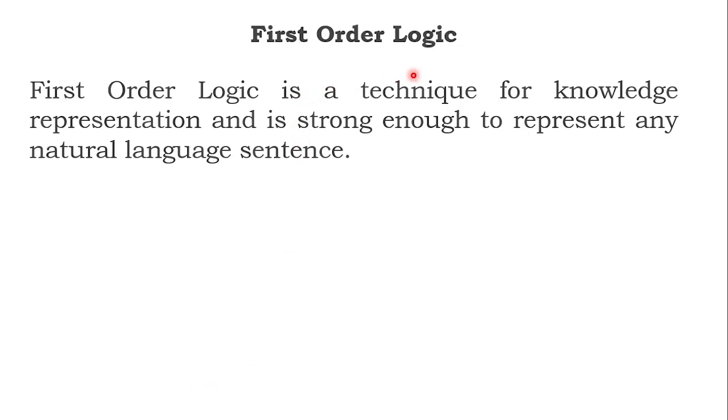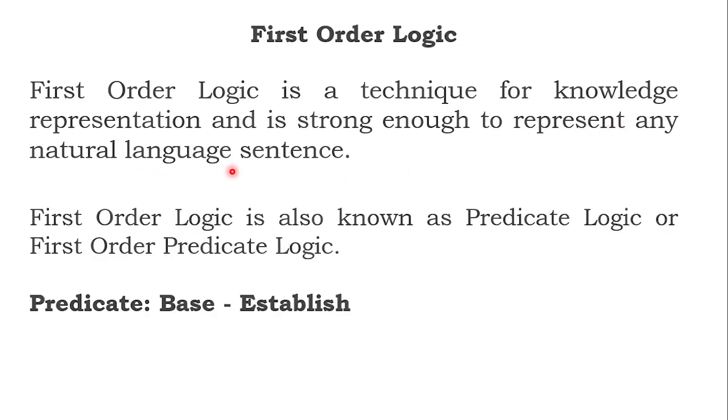First order logic. Most of the sentences available in natural language, it is enough to represent in first order logic to communicate to a computer. That is what we are trying to say. First order logic is a technique for knowledge representation, that is, communicating to a computer, and it is strong enough to represent any natural language sentence.